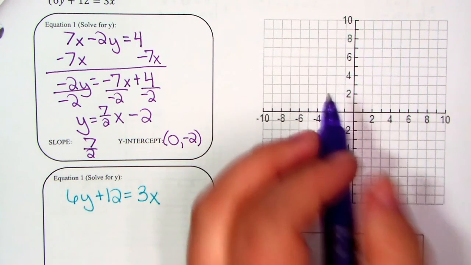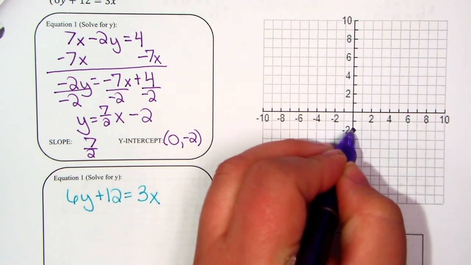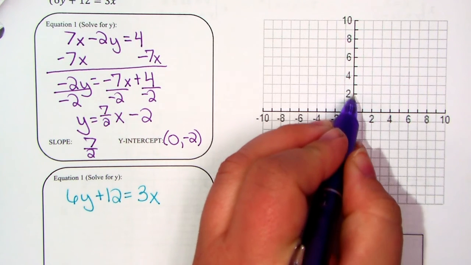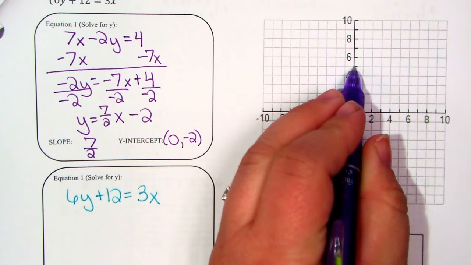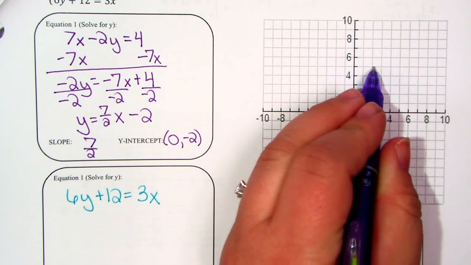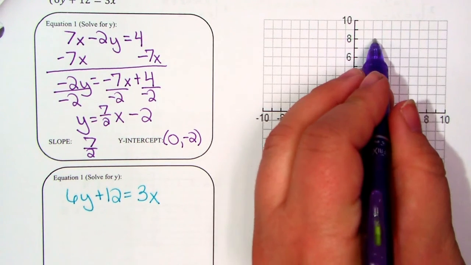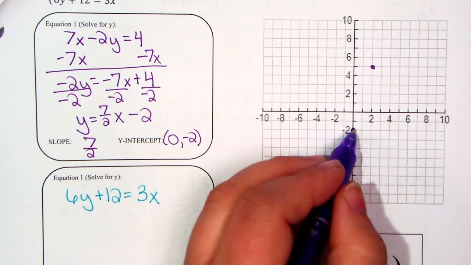So I'm going to plot the point 0, negative 2, and I'm going to go up 1, 2, 3, 4, 5, 6, 7, and to the right 1, 2. I don't have enough room to do it again, but what I could do is go the opposite way.